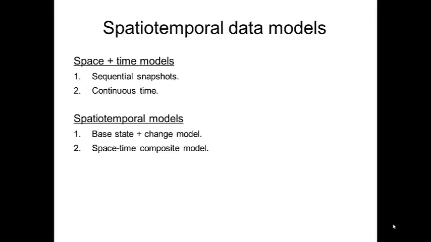It's probably where we want to get to for complex space-time applications, but it is still very much in an implementation research environment. They're not generally available as standard database technology. Within each of those, I've got two different divisions: sequential snapshots, continuous time models, base state plus change models, and space-time composite models. And I can explain each one of these now.